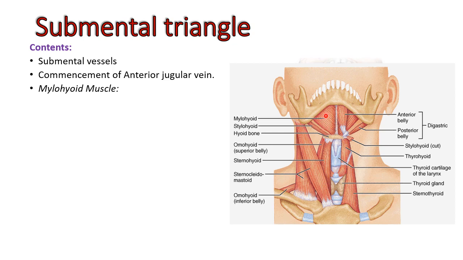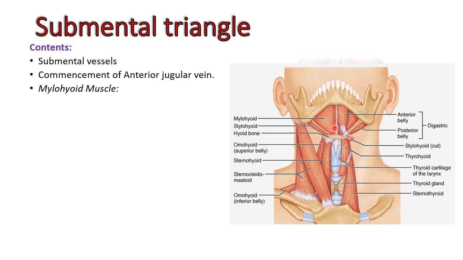But deep to this you have one more muscle in the midline, which is called the geniohyoid muscle, a suprahyoid muscle. So the mylohyoid muscle, then the digastric muscle, and deep to it the geniohyoid muscle.